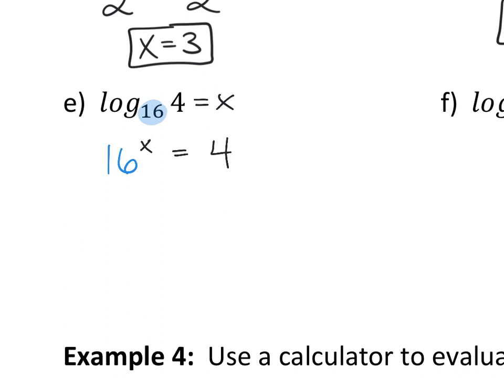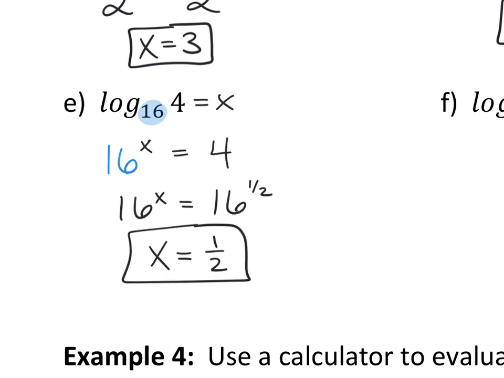How do I do that? Well, isn't 4 16 squared? But if I wanted to work the other direction, this would be 16 to what power? 1/2, like the square root of 16. Square roots are 1/2 powers, which means that x is equal to 1/2 here.